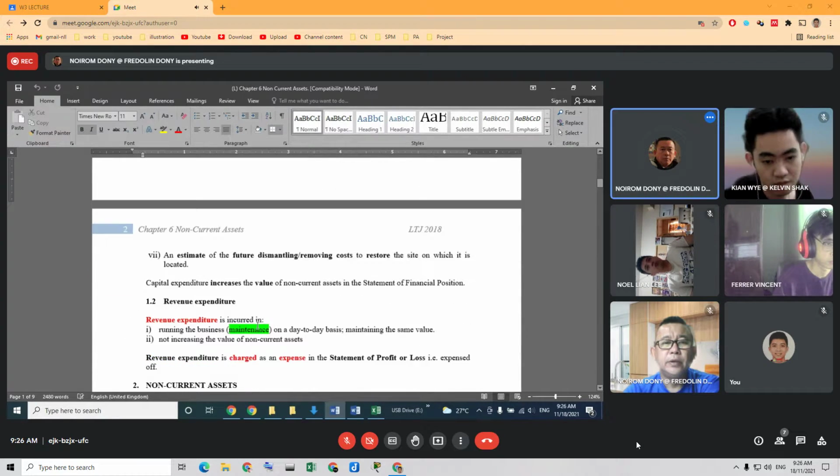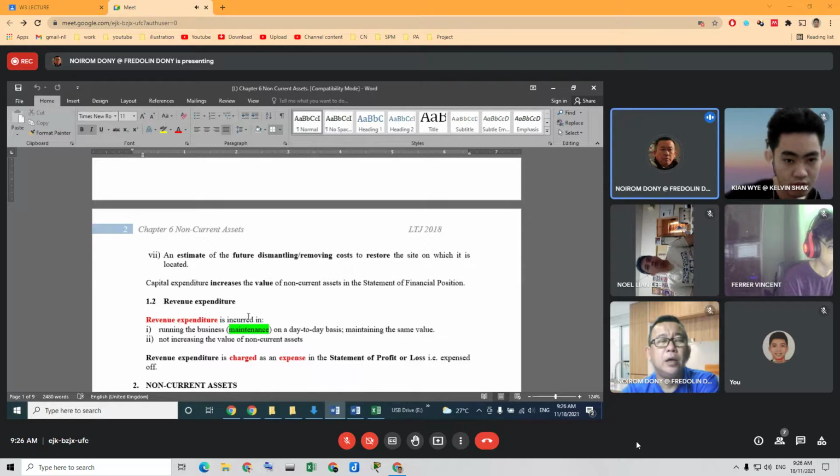Now, further explanation of revenue expenditure. This is incurred in running the business on a day-to-day basis. Sometimes you need to pay for the servicing of the machinery, the maintenance of the machinery.